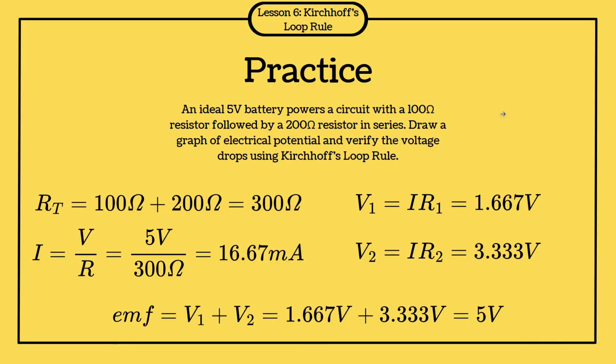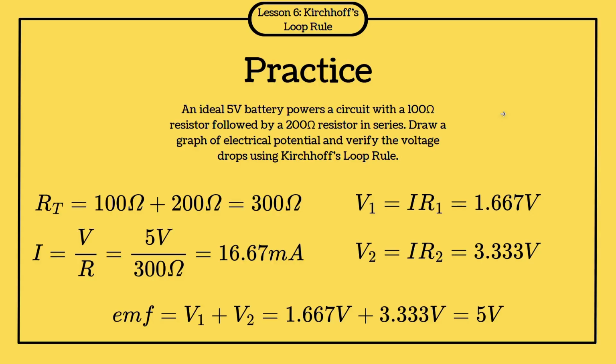Now, in order to verify using Kirchhoff's loop rule, we know that the EMF of the battery is 5 volts because it's an ideal battery, and it must be equal to the sum of the voltage drops over this loop. There are only 2 resistors, so there are only 2 places where the voltage drops. V1 is 1.667 volts, V2 is 3.333 volts. Summing these together gives us 5 volts, which is indeed the EMF of this battery.